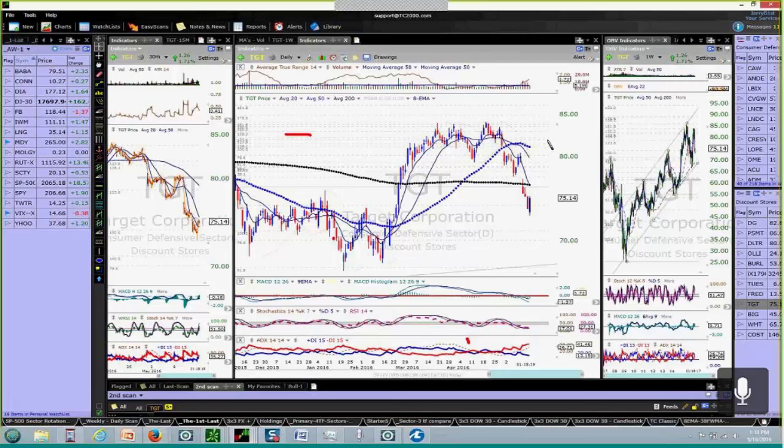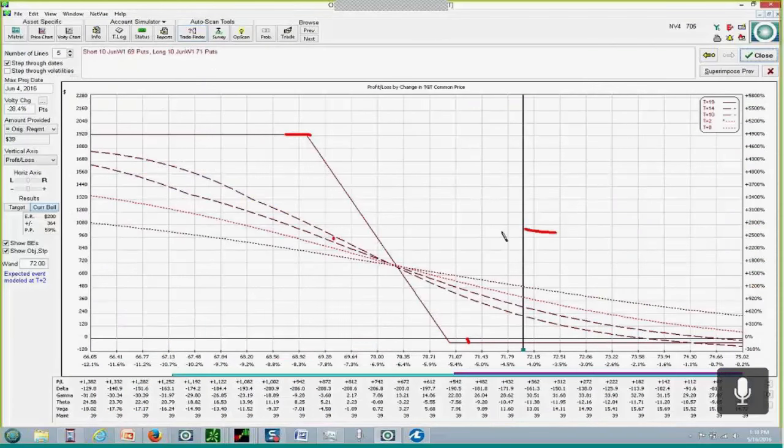So what we've got, I'm looking for it to drop down to 72. There's something a little bit odd that's got me puzzled here. Okay, that's what it is. If we drop down to 72, we have to make sure that we get rid of it in a couple of days. But at expiration, 72 is a loser, according to this.